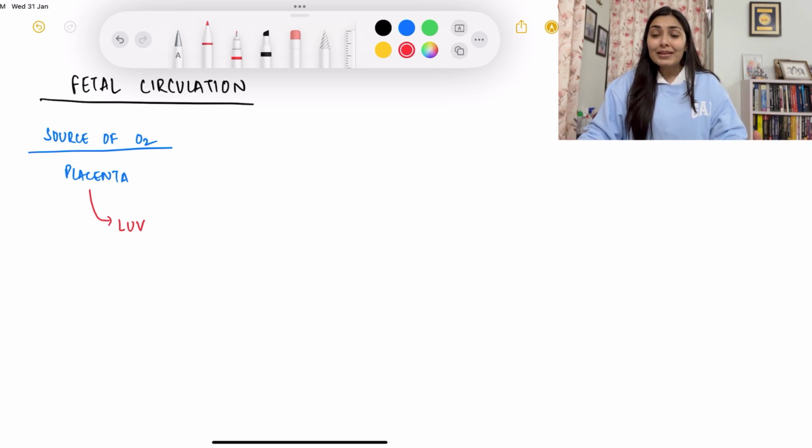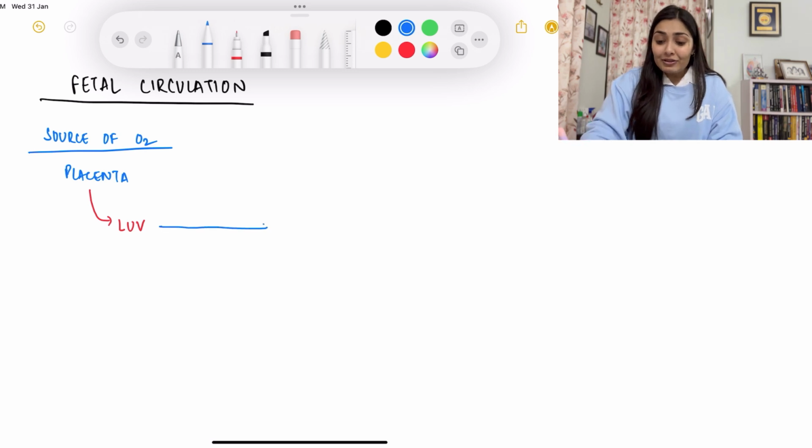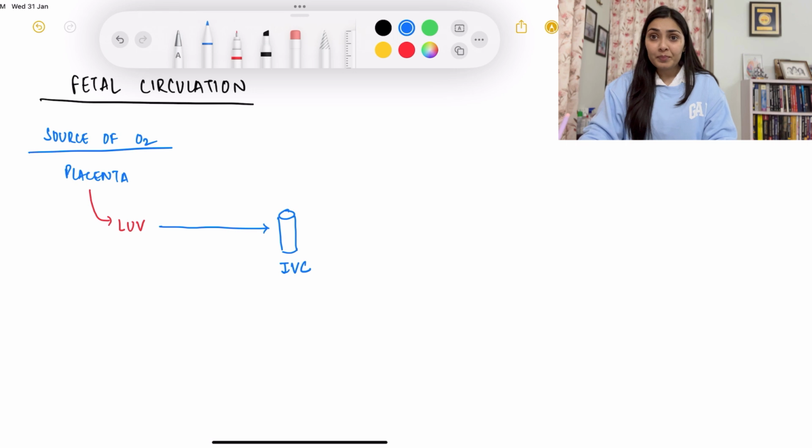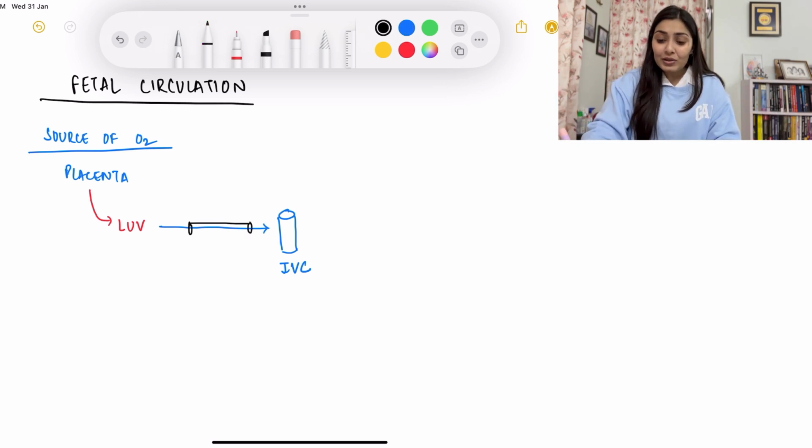To do so, the left umbilical vein joins another big vein draining into the heart, that is the IVC, inferior vena cava. The duct joining these two veins is labeled as the ductus venosus.